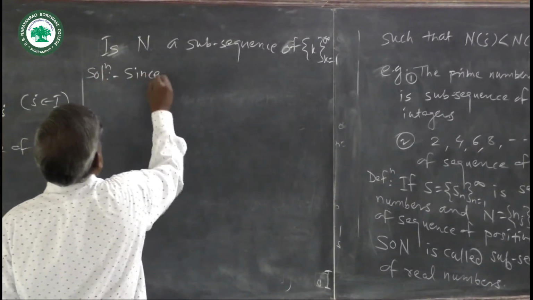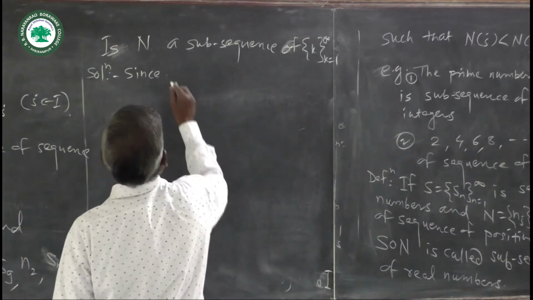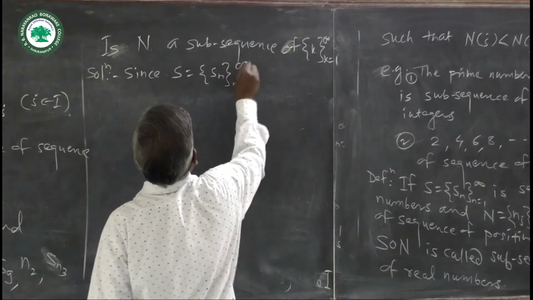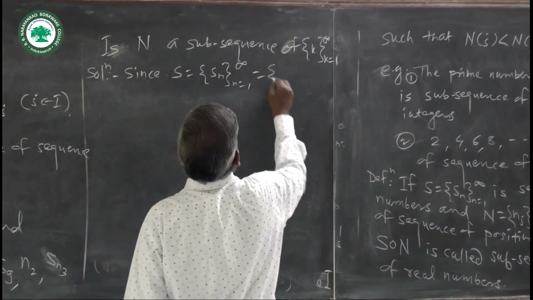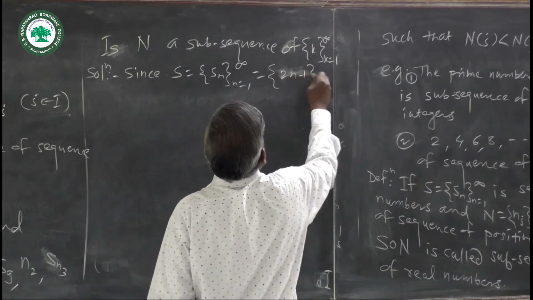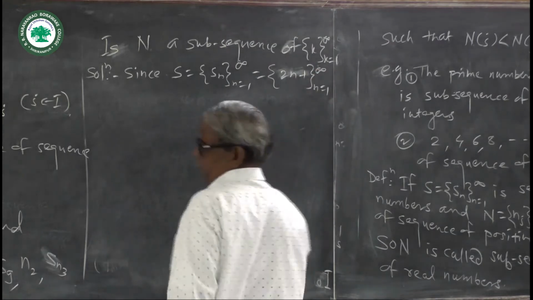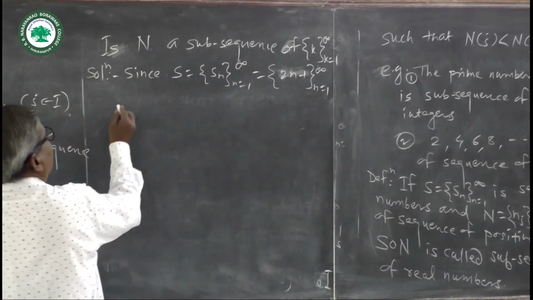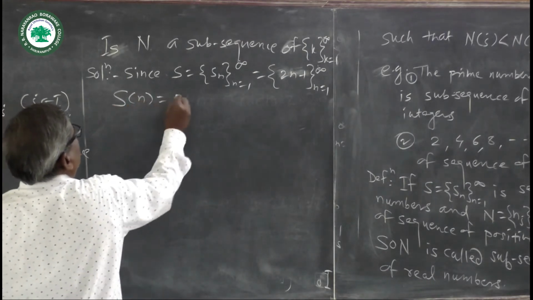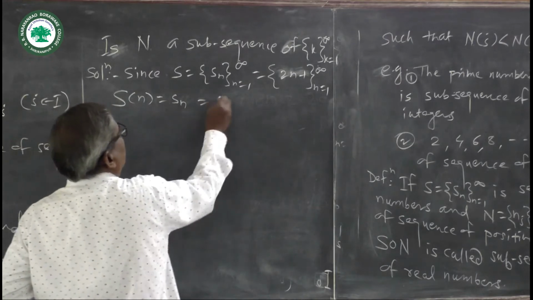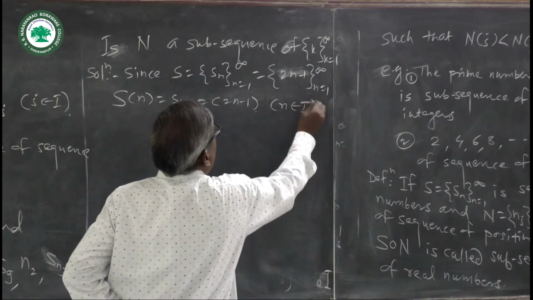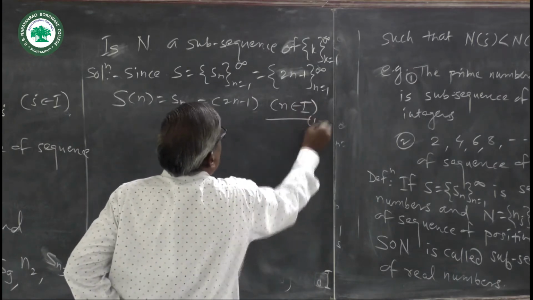Since we have S is equal to the sequence S n, n is equal to 1 to infinity, is equal to 2n minus 1, this sequence can be written as S operates on n is equal to S suffix n is equal to 2n minus 1 for all n belongs to I, for all positive integer small n.